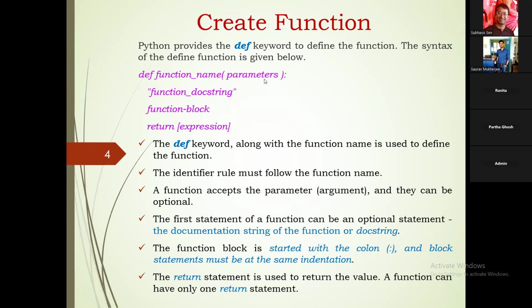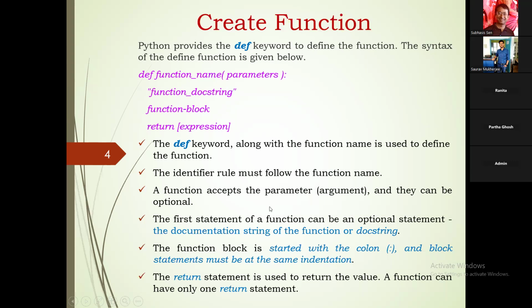Some arguments are used in the graph, some in the calculation of correlation, some in the calculation of the p-value, and so many things. That's why we define the function name and, within brackets, the parameters. Then we can write the function docstring, that is, the document string, and the function return expression. So this is the very simple syntax of how we can write the function.